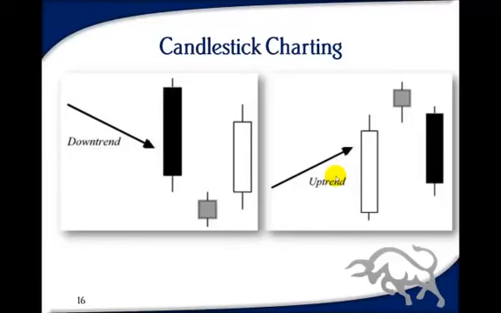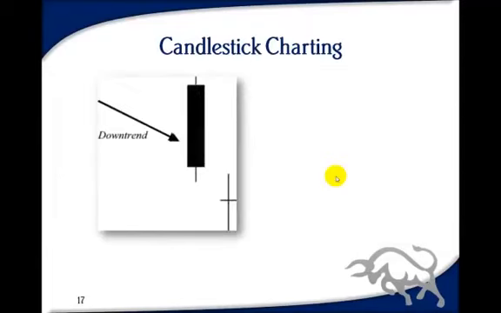They just have to be short, and above the real bodies or below the real bodies of the surrounding candles. Some people don't even want a gap to the third candle to call it an evening star or a morning star. Again, those are reversals, and you can get doji stars, morning doji star and evening doji star, which is basically a doji in a trend, and then the third one comes back.